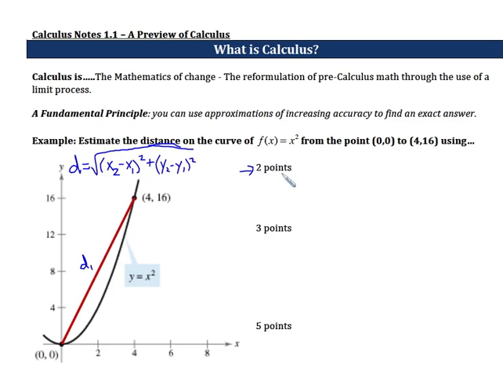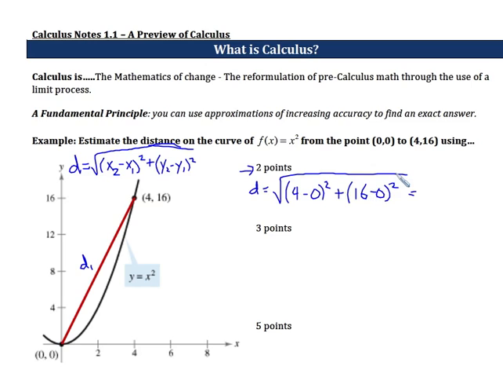We're going to apply our distance formula here. We can use this as our second x, so we want 4 minus 0 squared plus 16 minus 0 squared.